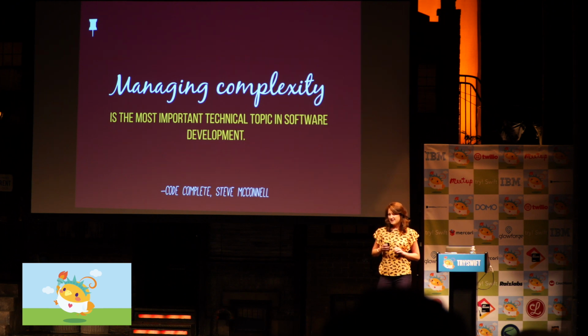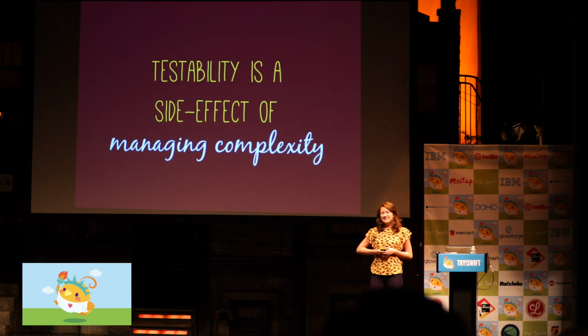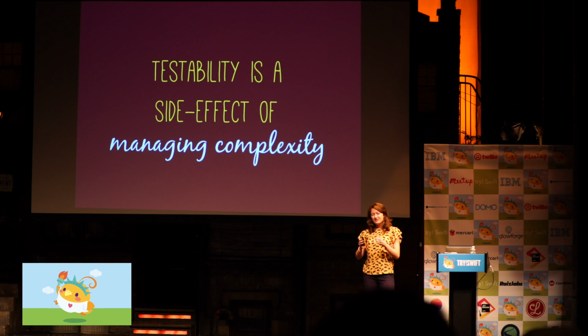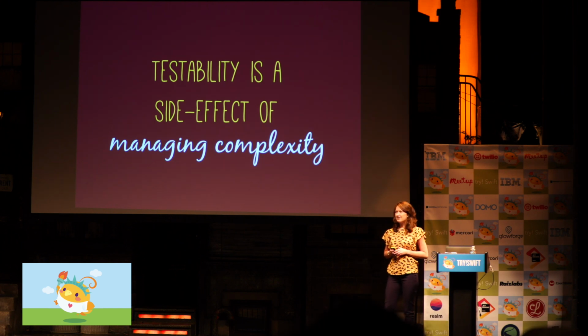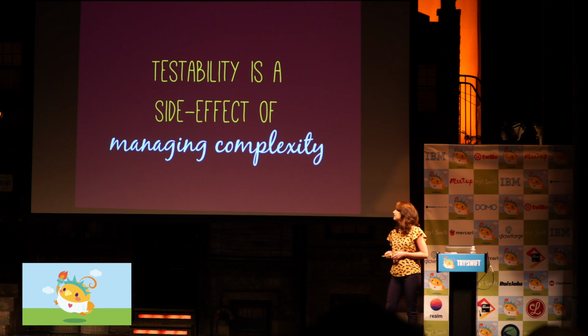So I think that reducing the size of the pieces of the software that you keep in your head is actually leading to this testability. It makes testing easier, and it's just a side effect.